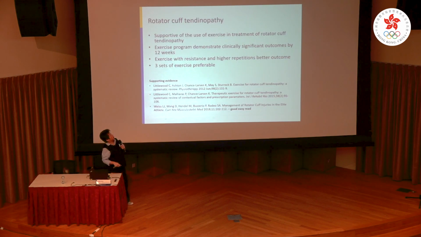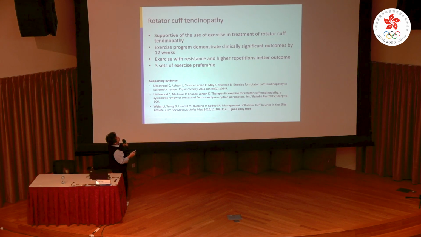How about rotator cuff tendinopathy? Again, these are all meta-analyses, meaning that they pull in a lot of studies and examine the effectiveness of treatment for rotator cuff tendinopathy, and they are also supportive of the use of exercise in its treatment.